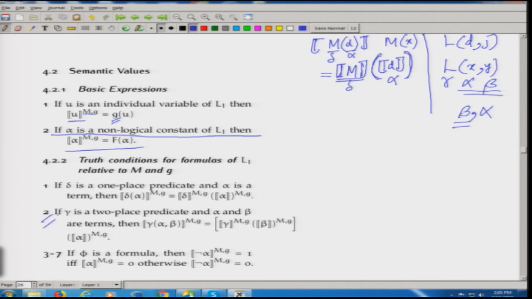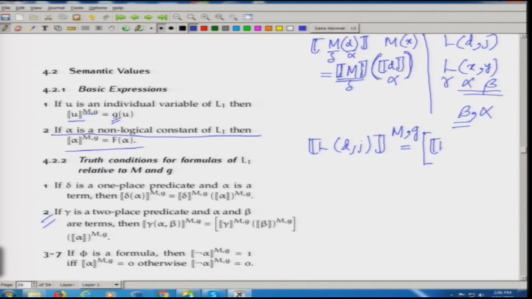if gamma is a 2 plus predicate and alpha and beta are terms, then the meaning of gamma alpha beta, which is, say, L d j, we have taken this with respect to m and g. We will see why m and g both are there. So, there are 2 steps.